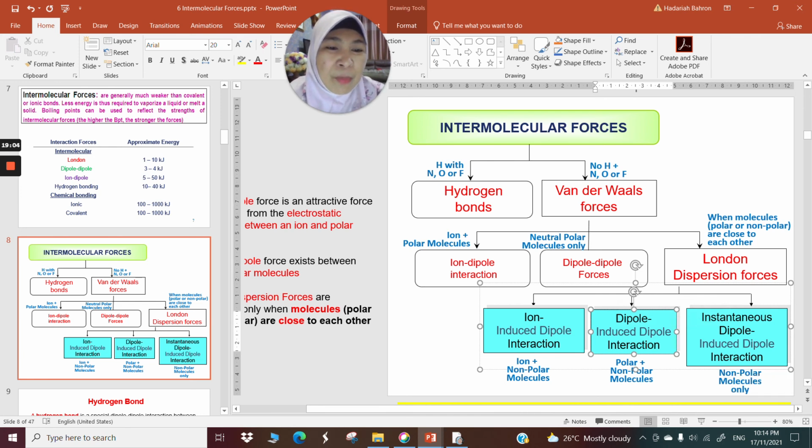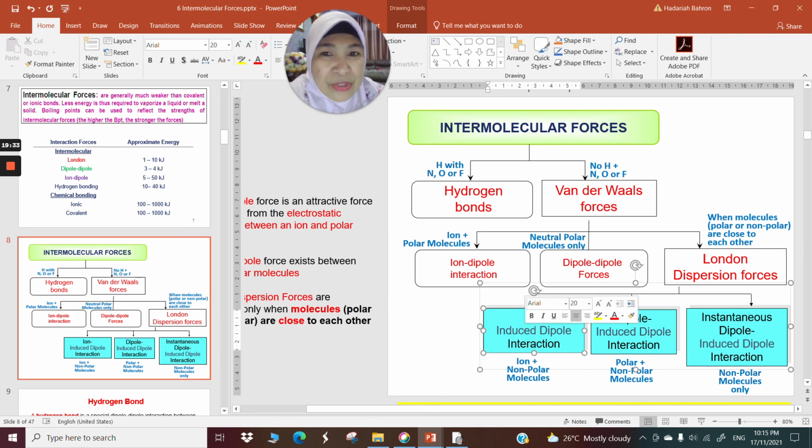So when you have polar and non-polar molecules interacting with one another, you have this second type of London dispersion force. And the third type is the ion-induced dipole interaction. Look at that interaction. Ion, obviously, you're going to have an ion. What about induced dipole? Who can experience induced dipole? Induced dipole always happens to non-polar molecules, not polar.